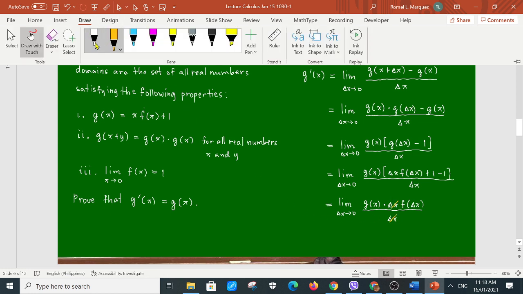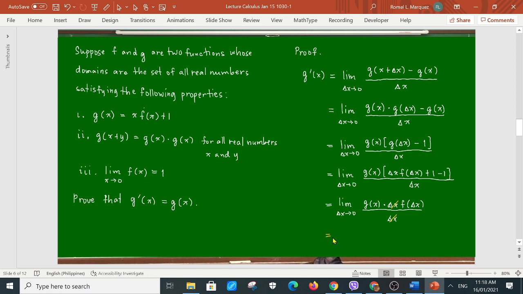What is left now, guys? The limit as delta x approaches 0 of this. I can split this because the limit of f of x exists. So g of x times the limit as delta x approaches 0 of f of delta x.